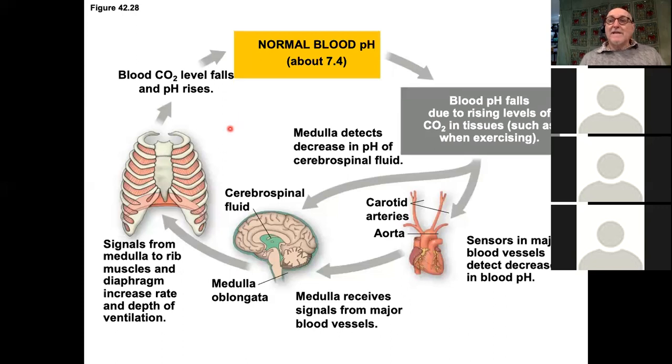So, for example, if we substitute carbon monoxide for carbon dioxide and oxygen, if we get people into a situation where there's a high level of carbon monoxide, they become deprived of oxygen, but their carbon dioxide levels do not rise.